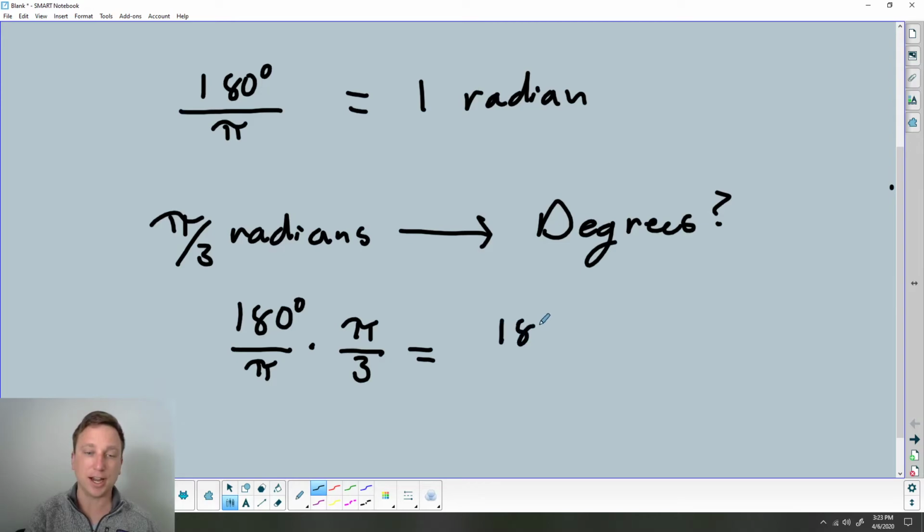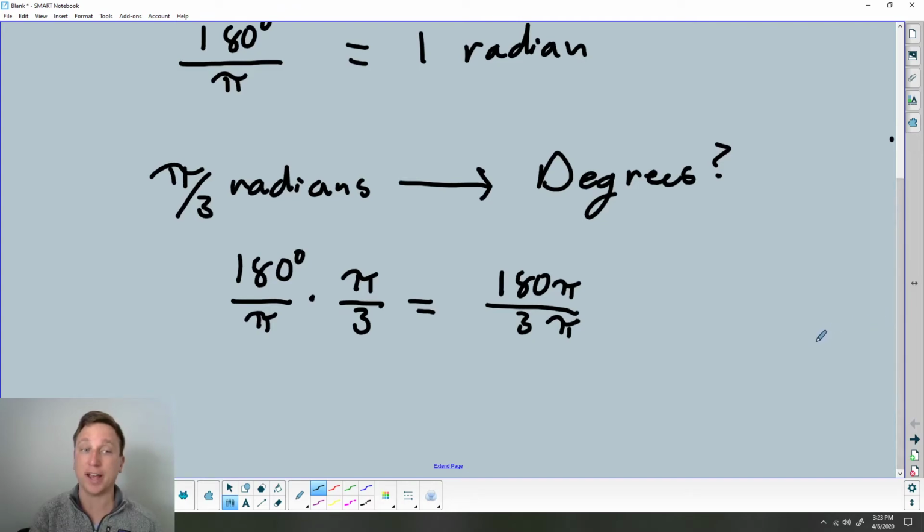We can say 180 pi over 3 pi. And normally we don't show this step because when we're going from radians to degrees, that pi will almost always factor out if we're given something in terms of pi. So those reduce to 1. And what we're left with is 180 over 3, which reduces to 60. So we can say pi thirds radians is 60 degrees.